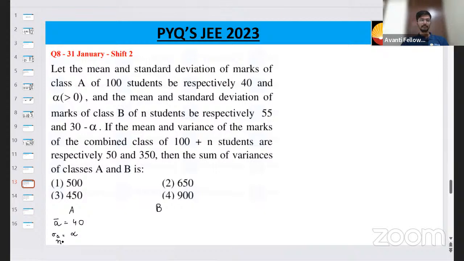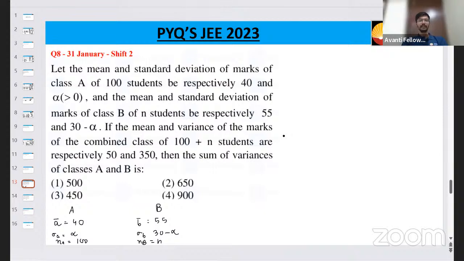And class A's number of students is 100. Class B: mean, standard deviation, number of students. So mean and standard deviation of class B of n students be respectively 55 and 30 minus alpha. So we wrote the given data.